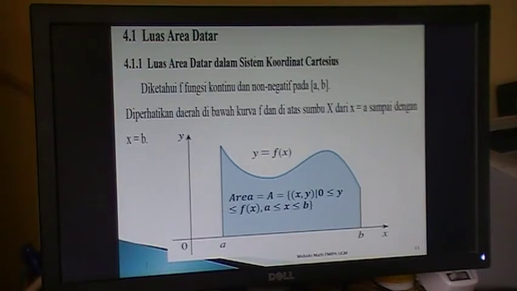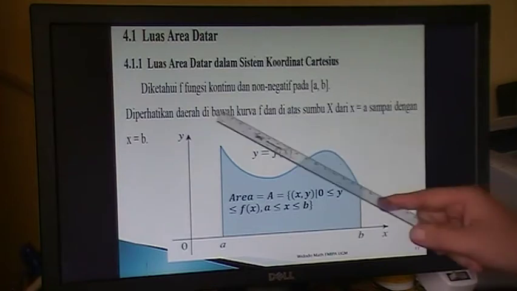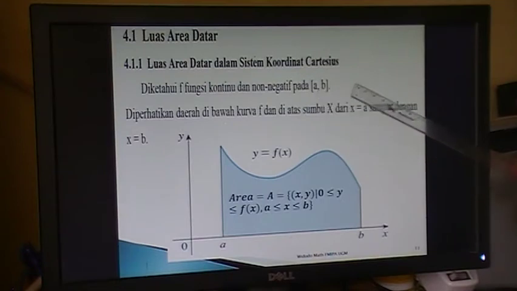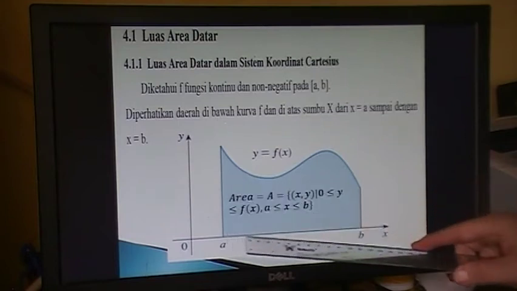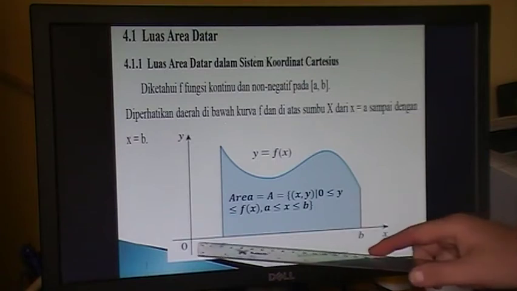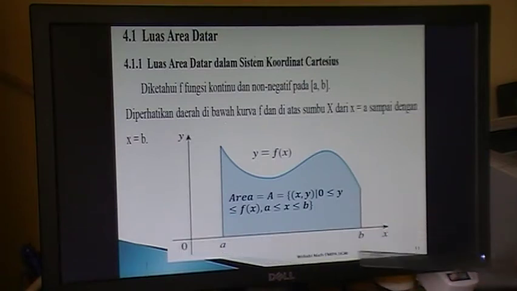If we have the function f continuous and non-negative at the interval [a,b], as we draw here in these pictures in the blue area, this area, the area R, is defined by the area restricted by the x-axis, x equals a, x equals b, and y equals f(x).